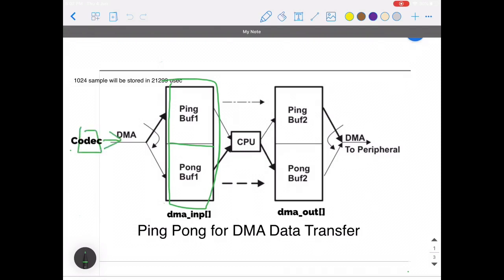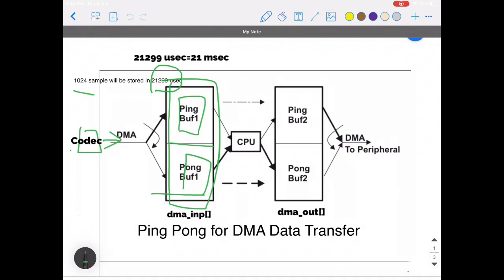In our application we have to do the 1024-point FFT continuously. Let's suppose the very first 1024 points were stored in pong buffer 1 by DMA, and now the second chunk of 1024 is being stored in the ping buffer. That will take about 21 milliseconds.